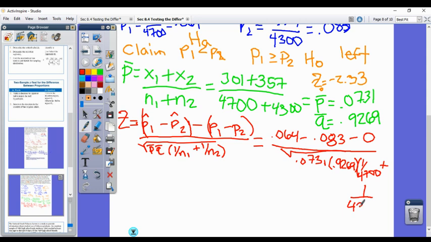This is still in my denominator. Okay, so if I do all that, I'm going to get a z value of about 3.46.